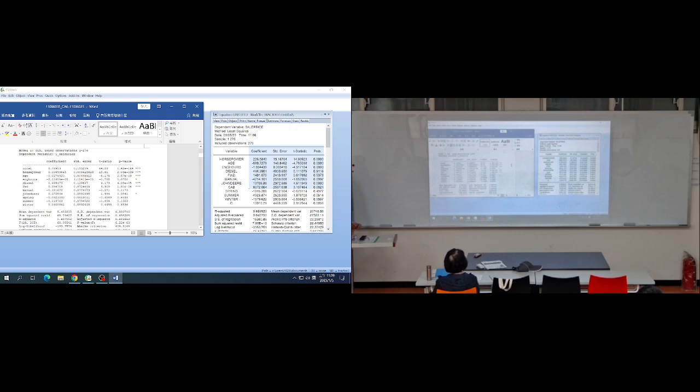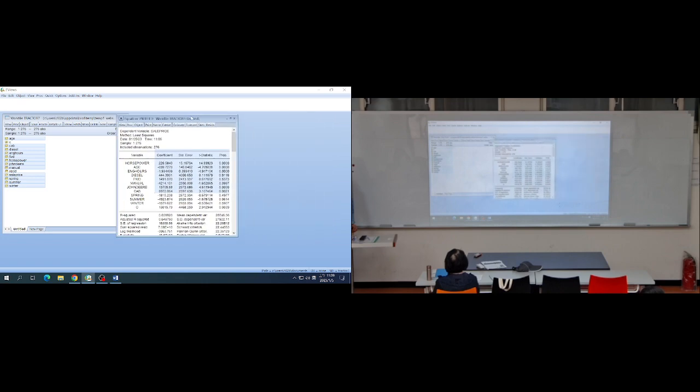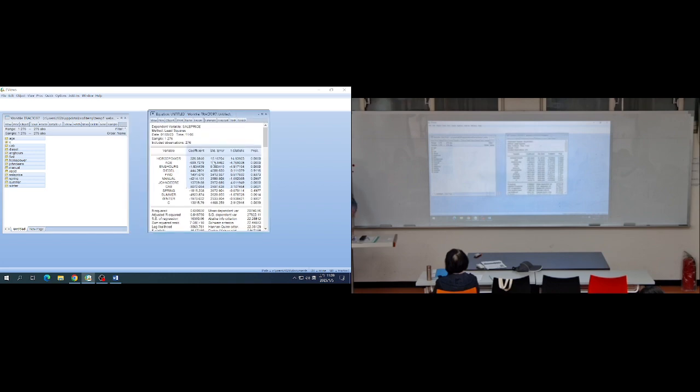Okay, then generate log sales from EViews. This is the original sales price.